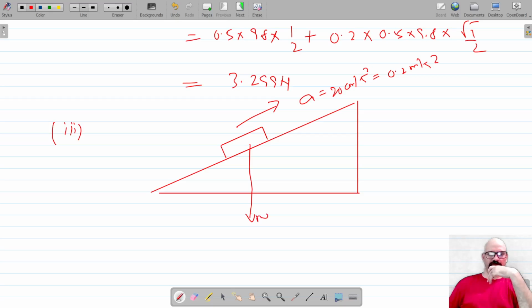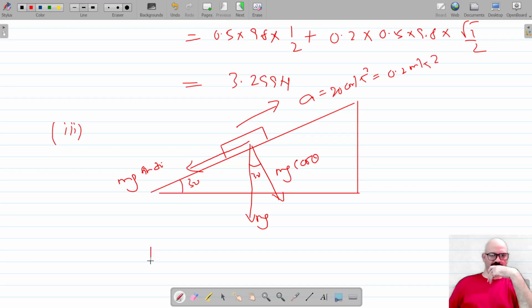Now this is the weight, which is acting vertically downwards. This is mg cos theta, where theta is 30 degrees, and this is the component mg sin theta. Now the acceleration is in the upward direction.